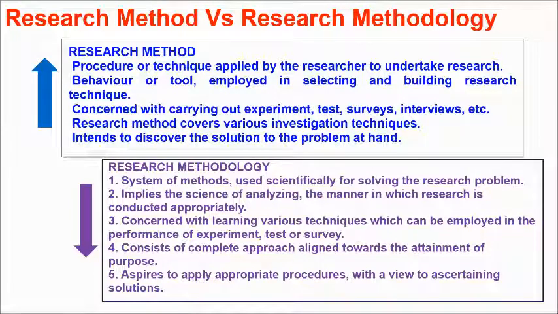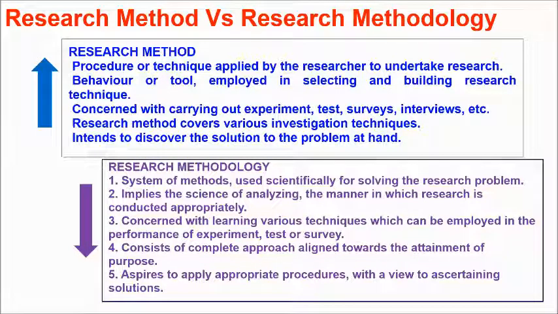Research method is concerned with carrying out experiment, tests, surveys, interviews, etc. While research methodology is concerned with learning various techniques which can be employed in the performance of experiment, test or survey.